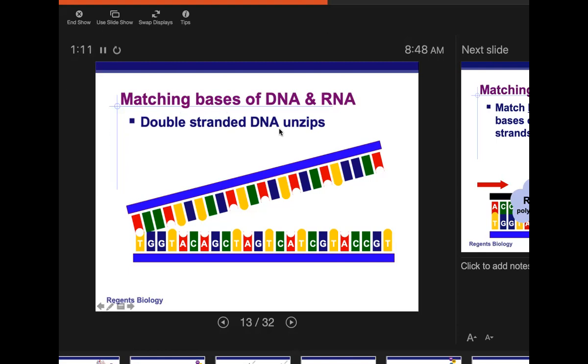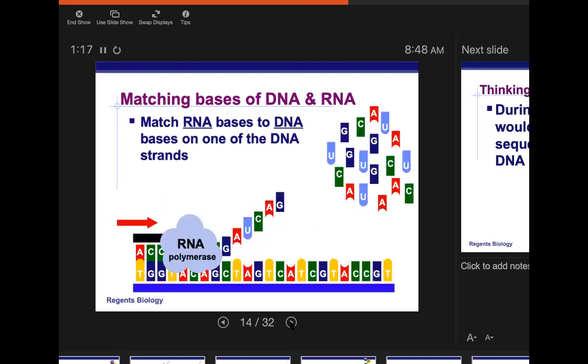So the double-stranded DNA unzips. So now there's space between the DNA. RNA polymerase bonds to one of the strands. And then the RNA bases bond together according to the base pairing rules.